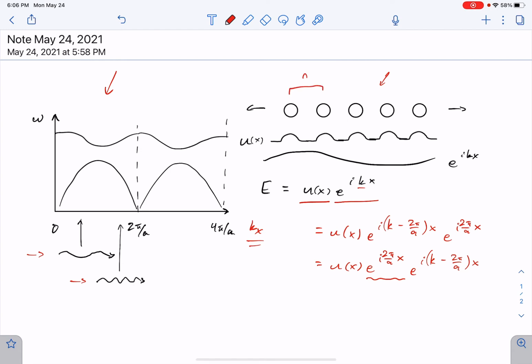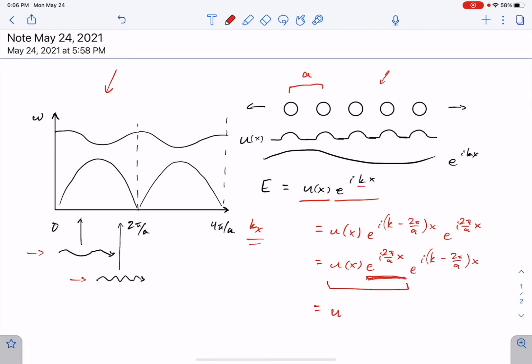Let me make that explicit. a is the lattice constant of our array of dielectric spheres. So this part of the function is periodic in a, which means that this whole thing is also periodic in a.